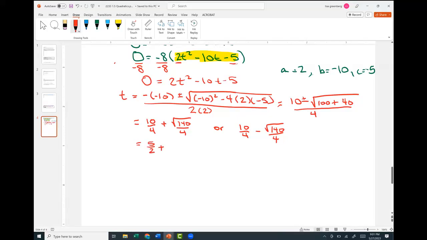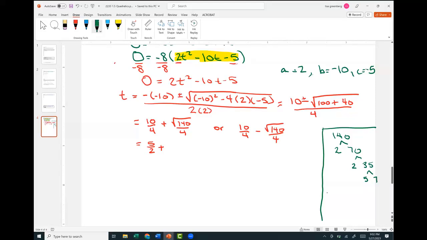plus, and I want to know if I can simplify the square root of 140. So first thing I'm going to do is a factor tree. So I start with 140 at the top, and then I can say 140 is 2 times 70. 70 is 2 times 35, and 35 is 5 times 7.